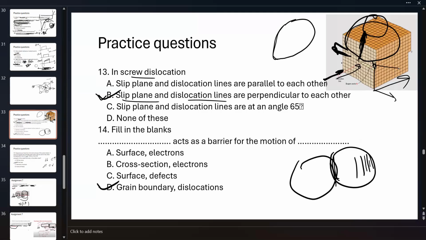This is the plane. They are perpendicular to each other. Grain boundary acts as a barrier for motion of dislocation. We saw grain boundaries act as a barrier for motion of dislocation.